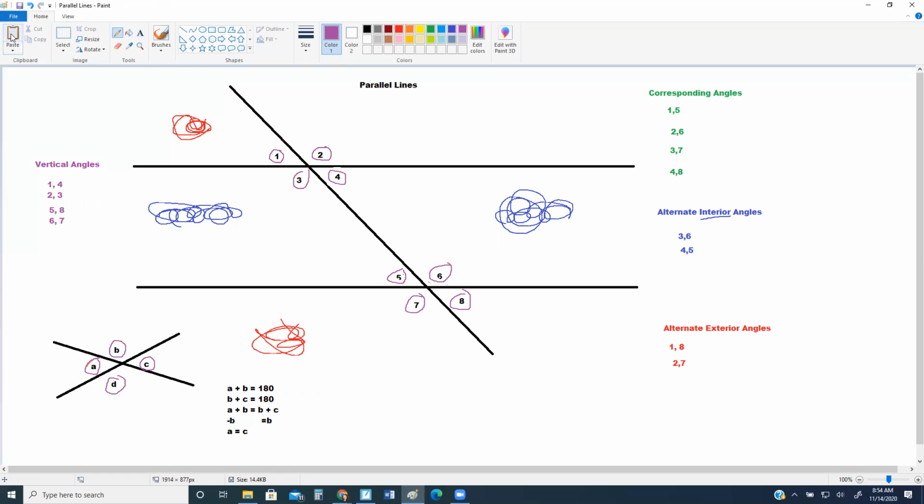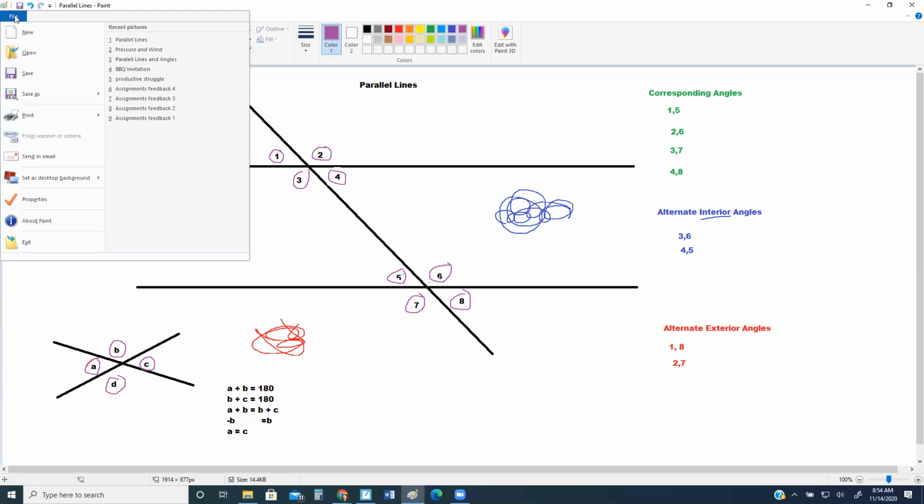So let's look, though. We have another concept. The angles on a straight line are 180 degrees. We know that we have these parallel lines relationships.